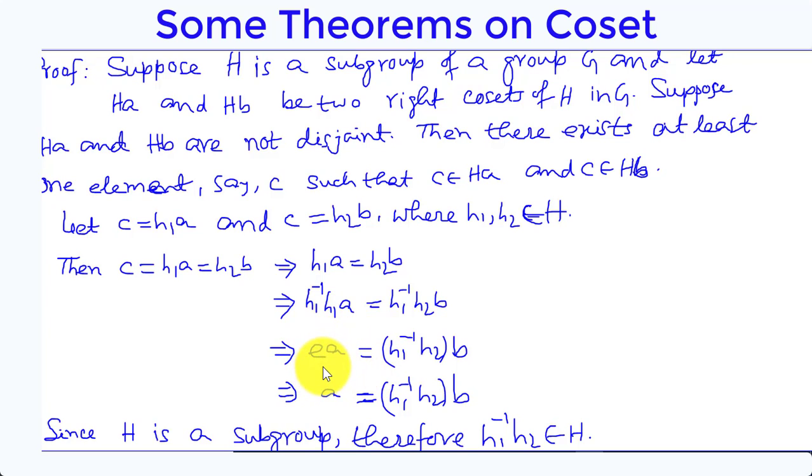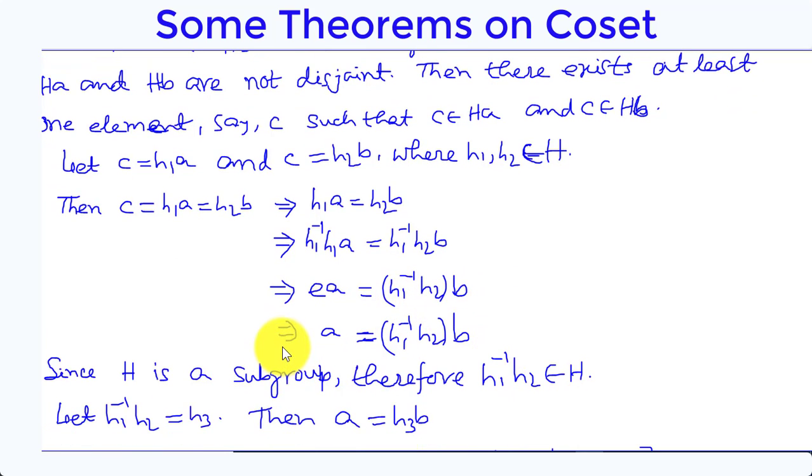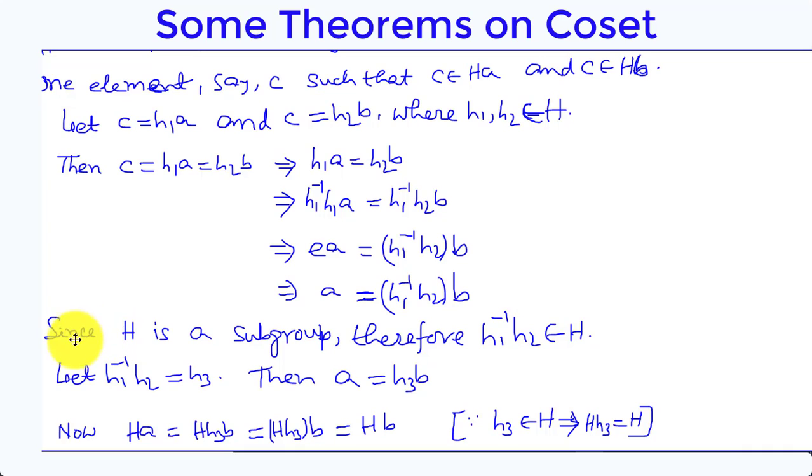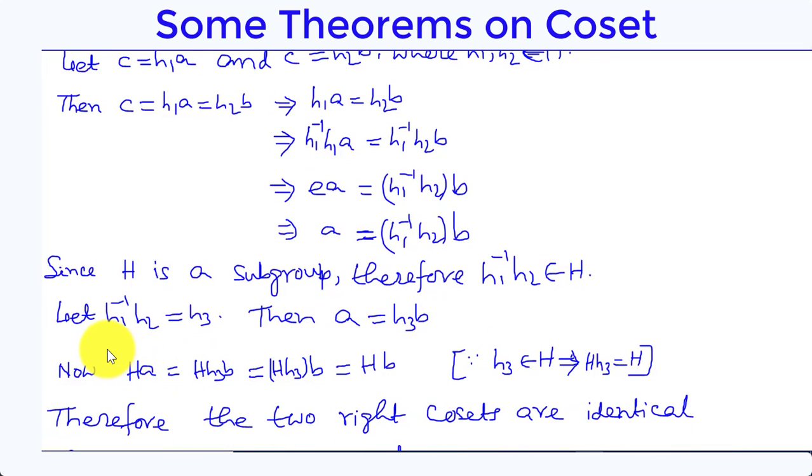So this implies a is equal to h1 inverse h2 b. Since H is a subgroup, therefore h1 inverse h2 belongs to H. Let h1 inverse h2 be equal to h3. Then from here we have a is equal to h3b.